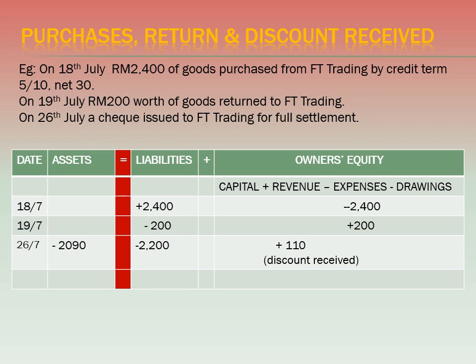So 2,200 ringgit multiplied by 95% is the money that you will pay to FT Trading. And the 5% discount will be recorded under the revenue column. That is the discount received. So you will put plus 110 under the revenue column because it increased the owner's equity by 110 ringgit.